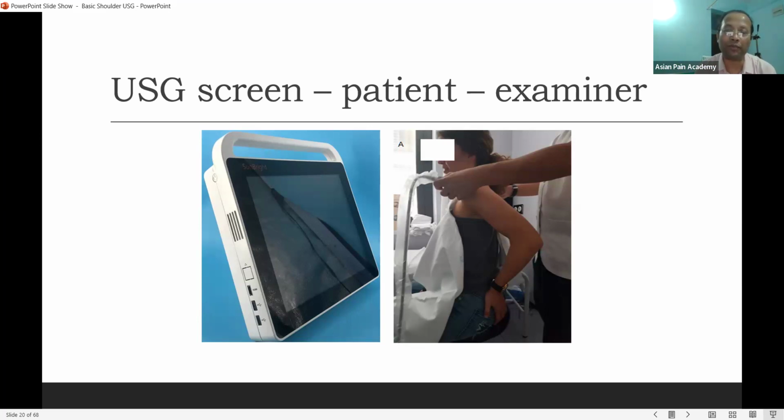For intervention purposes, that is a must. If you have two monitors, the main ultrasound machine you can keep just on your right or left side, and the other monitor you can keep in front of your eyes. At least the monitor which you are seeing continuously should be in front of you.